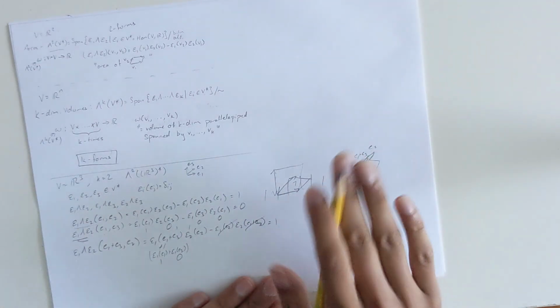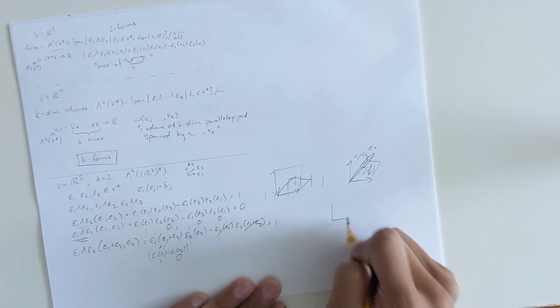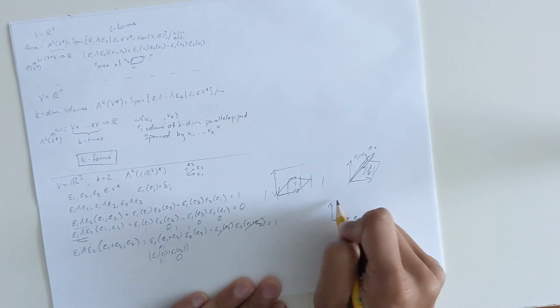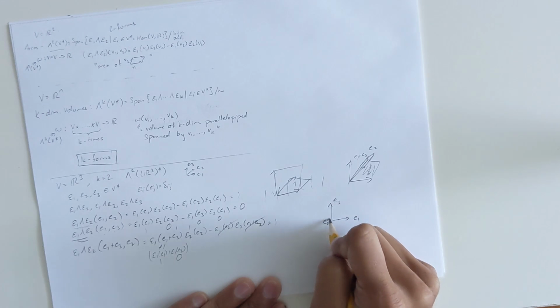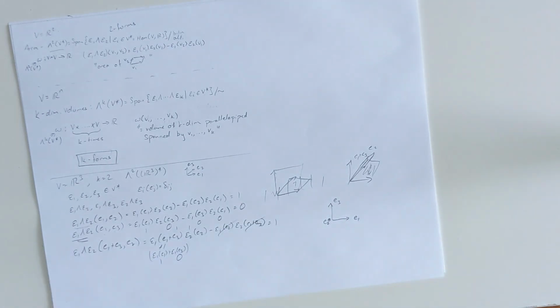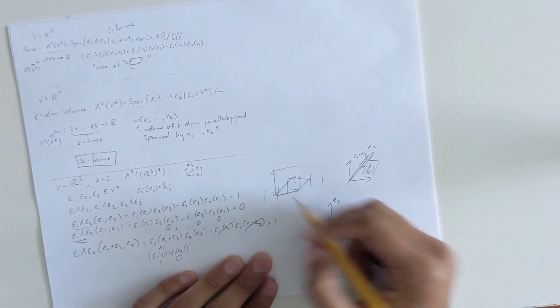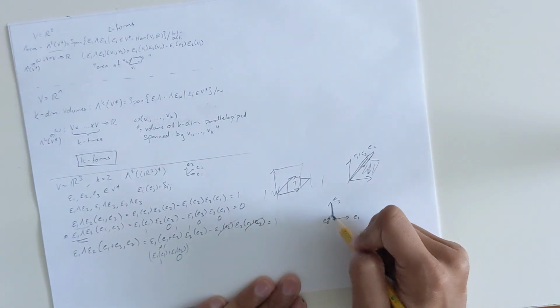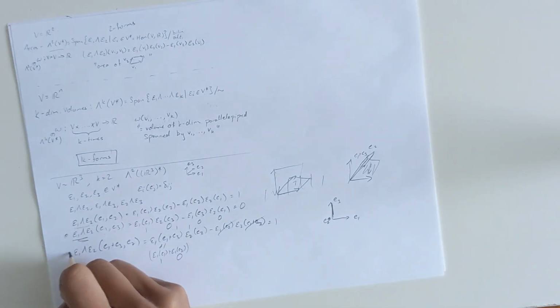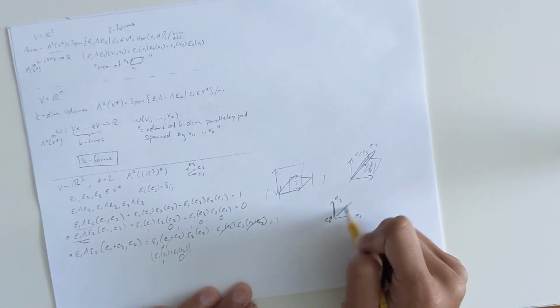Well, if I look at it from the face where we have e1 and e3, so sort of e2 is into the page here, then the first parallelogram, this guy, would vertically sit over here, while this one would sit diagonally over here.